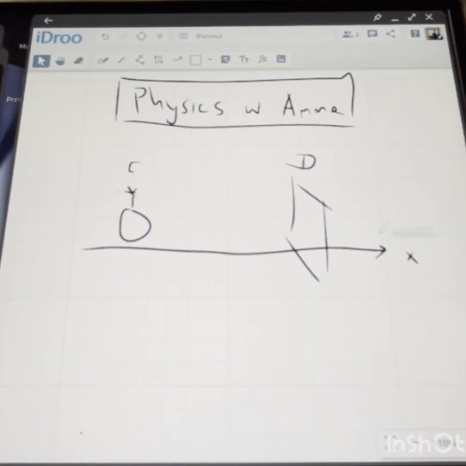Okay, so what forces act on the cart? Well, gravity, first of all, and then the normal force. Gravity is always there, which is a good thing.